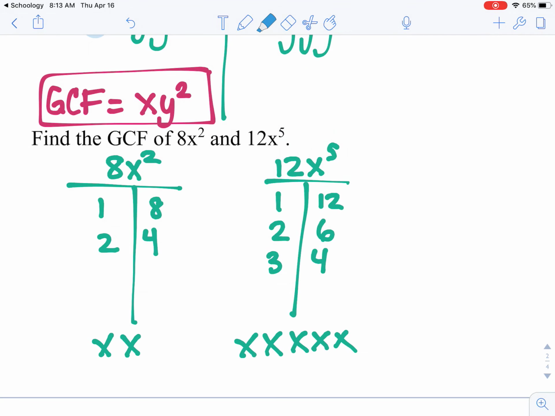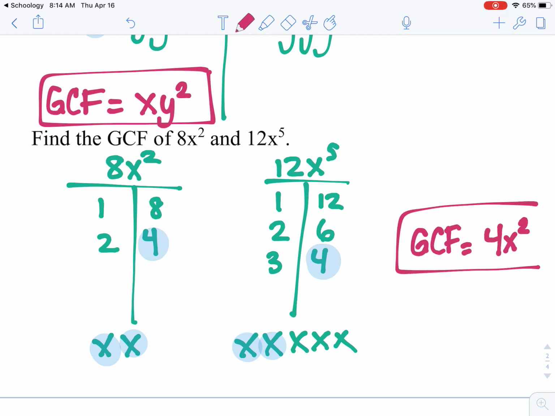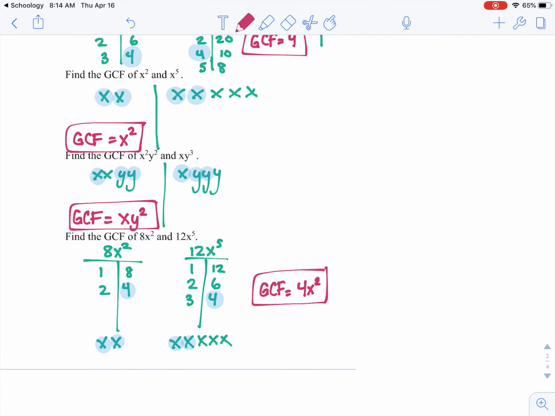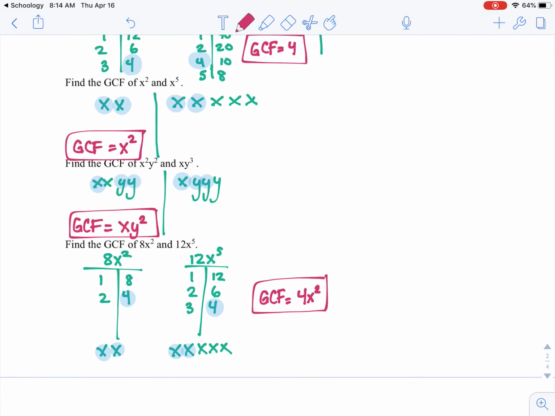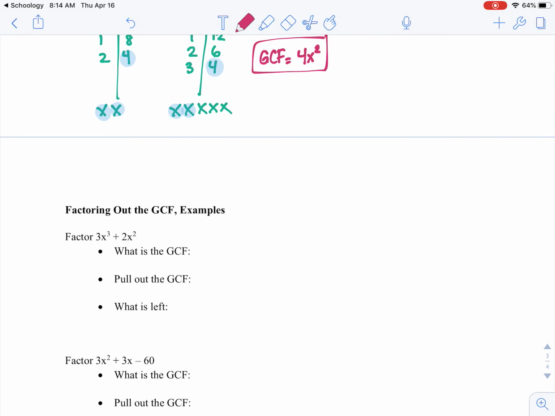All right, so let's first look at our numbers. What is our greatest common factor? It's the number 4. And then how many x's do both have in common? They both have 2 x's. So my GCF becomes 4x to the second. All right, so that is your notes. Oh, we got one more page.